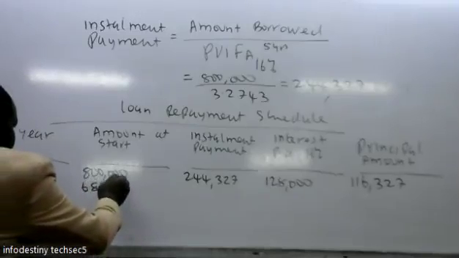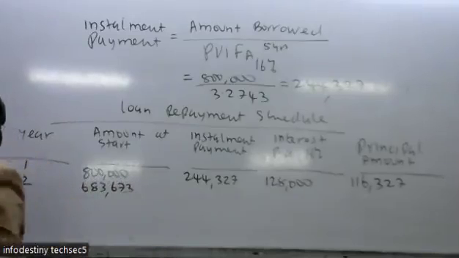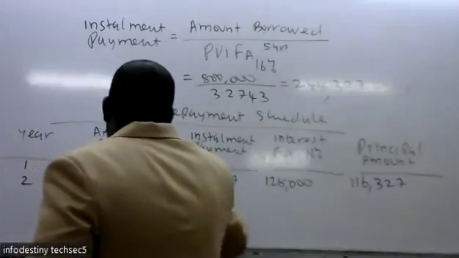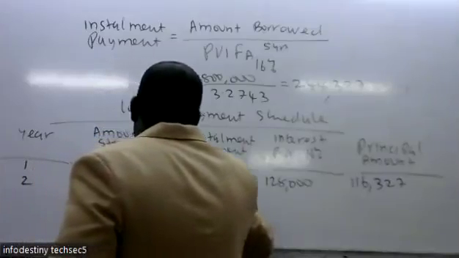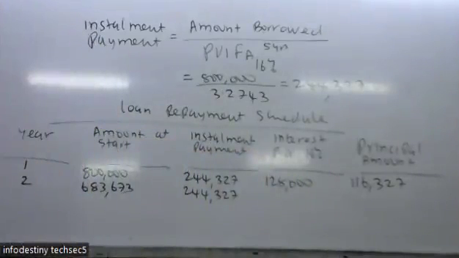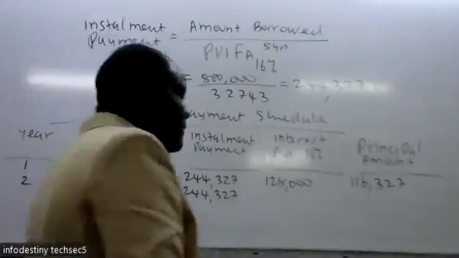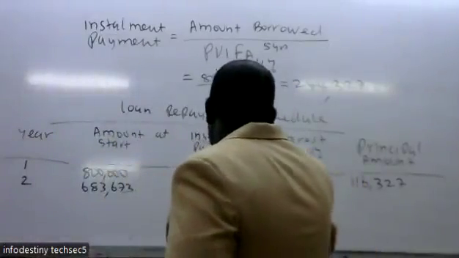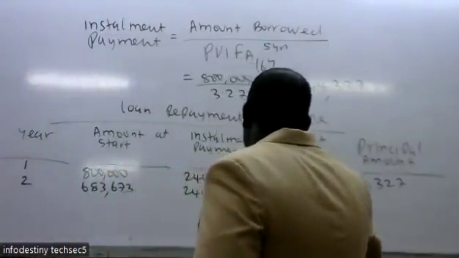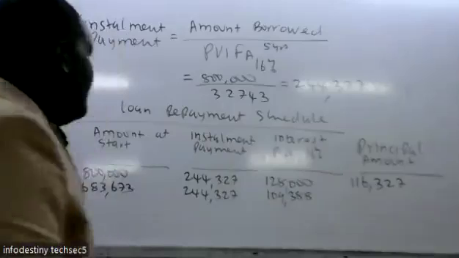683,673. So interest, what is 16% of 683,673? 109,388.